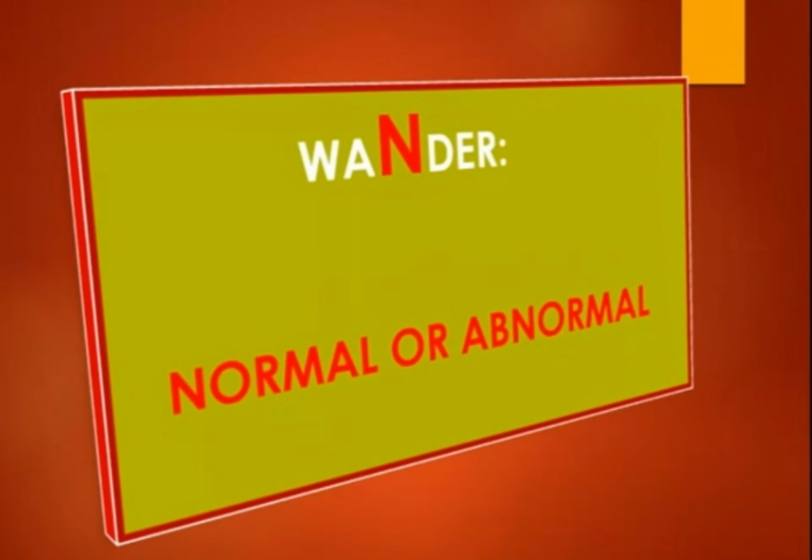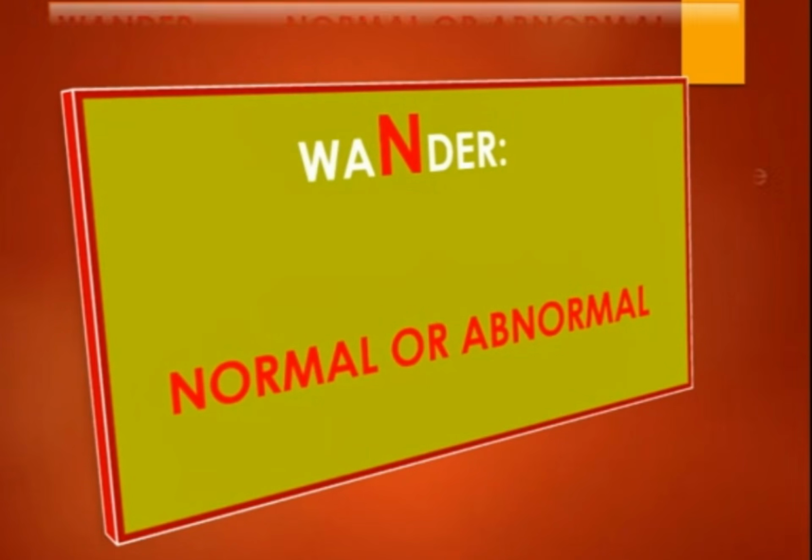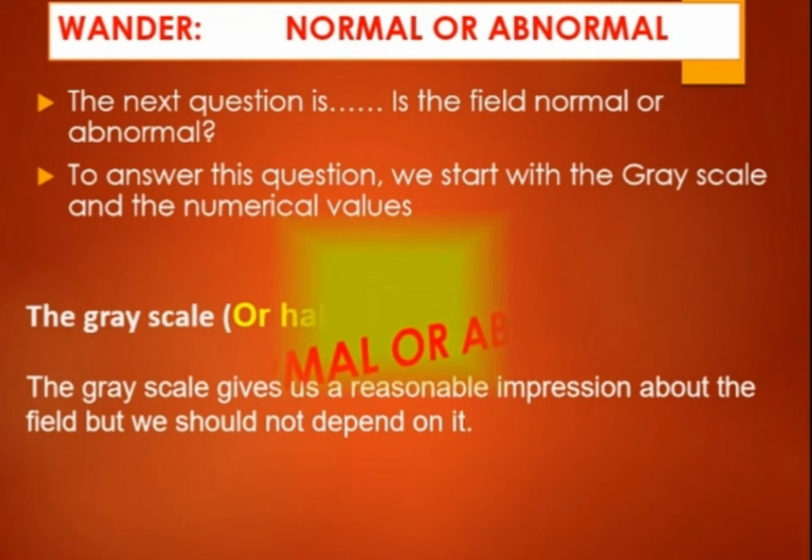So we'll go over to the N, which is normal or abnormal field. So the next question you should ask yourself is, is the field normal or abnormal? To answer the question, we'll look at the gray scale, we'll look at the numerical values, we'll look at the total deviation, we'll look at the pattern deviation, and of course, their probability plots.